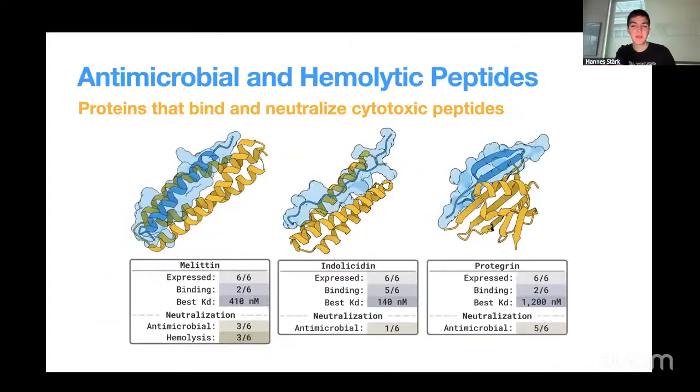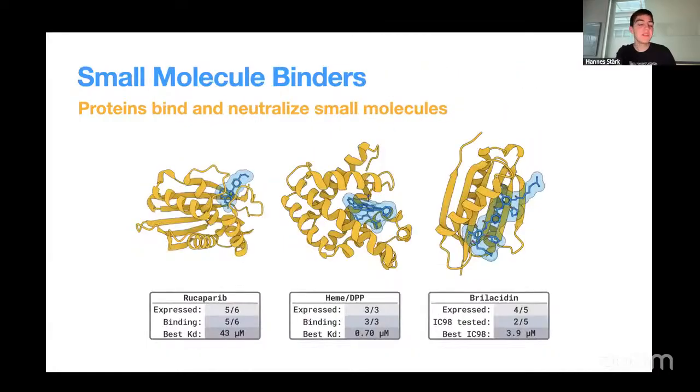Okay, and then we also have other evaluations, like designing proteins that bind to peptides, where we're quite successful, or designing proteins that bind to small molecules, where we also have very high success rates that haven't been previously seen. And we're, for example, able to get nanomolar binders right away while just testing 3 designs against a certain target.